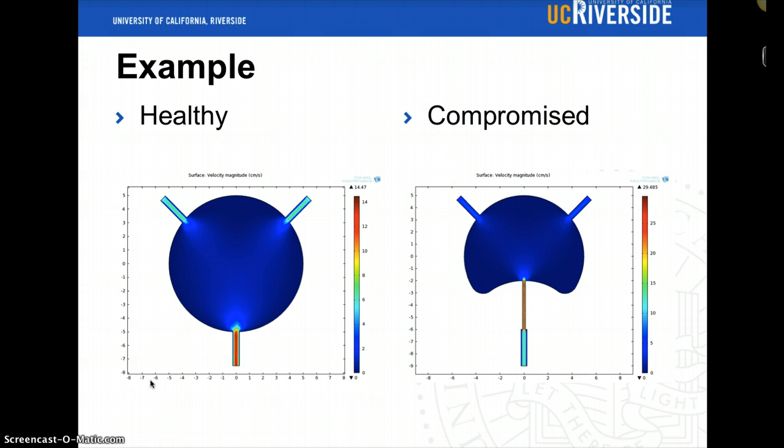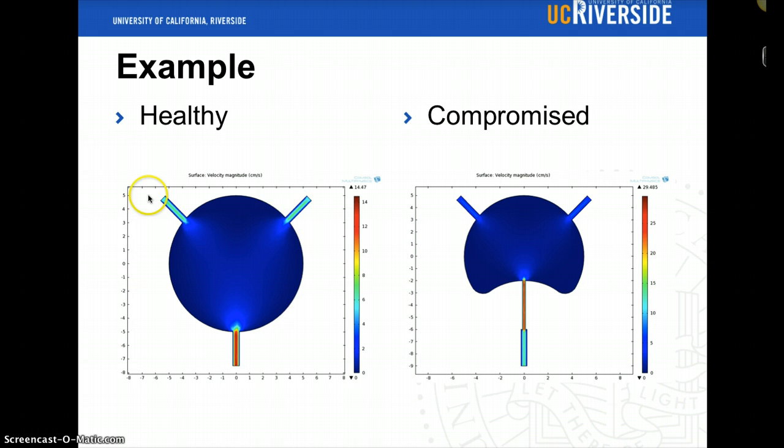The paper talked about the bladder being in its healthy condition and its compromised condition. And so here I modeled a bladder. COMSOL has a tool where you can model geometry, and I created a circle to simulate the bladder.